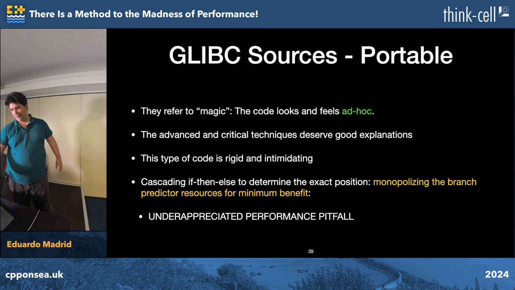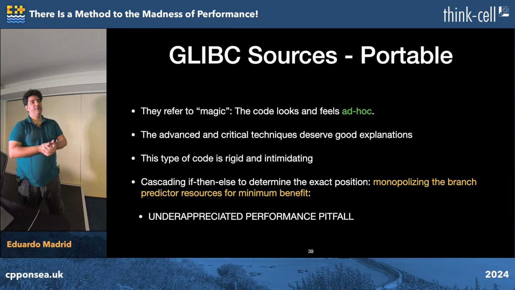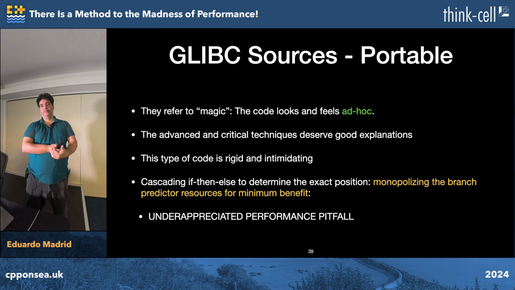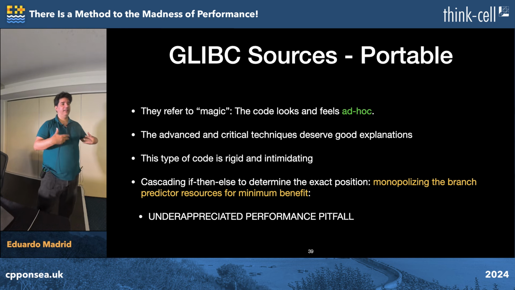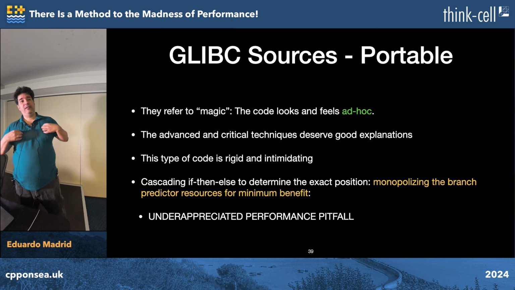One characteristic is that I believe that advanced and critical techniques deserve good explanations, and this code apparently doesn't have them. I think that style of coding is very rigid and intimidating. People will try not to have to deal with it because they know that it's going to be a headache for them. I don't believe that our code has that problem.